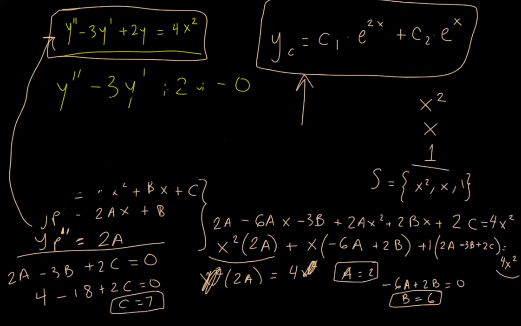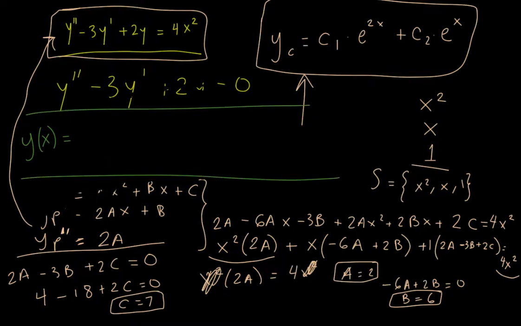Alright, so finally, I'll write in a different color. Our final solution would be a combination of the y sub p and the y sub c. So let's first write the y sub p. The y sub p would be ax squared plus bx plus c.